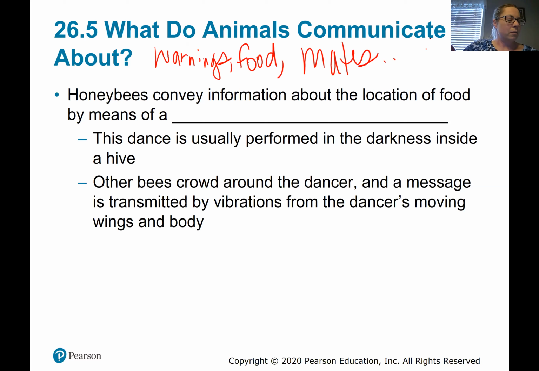And honeybees are really good at communicating the location of food, and they have what's called the waggle dance. And that is their main form of communication, to tell how to find a food or a water source.